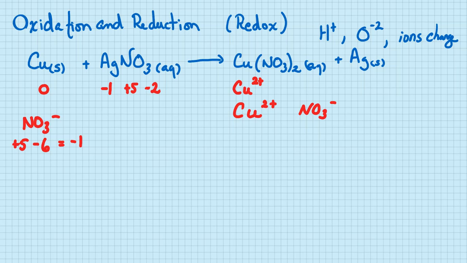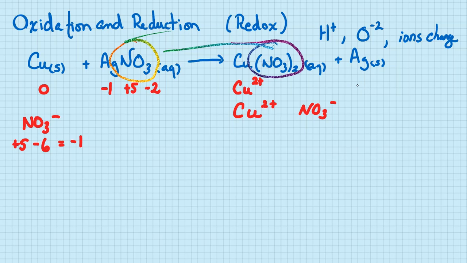We have a 2 plus for the Cu, and NO3 is just 1 minus, so if you just take a look at the NO3s, you're not really changing anything. So this guy and this guy look to be the same. We have a copper that seems to have changed its oxidation number.